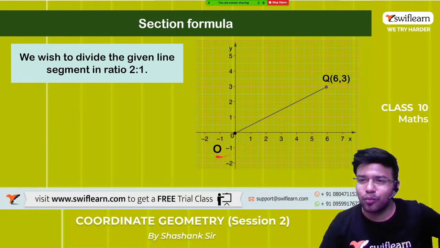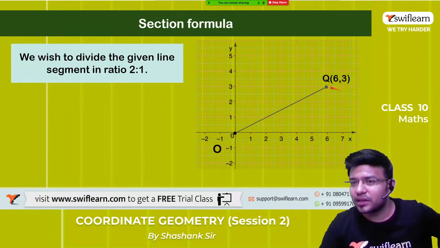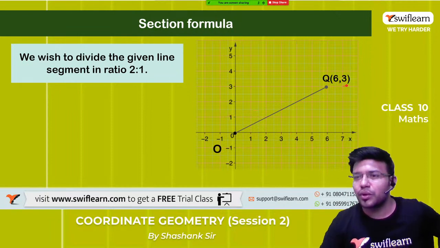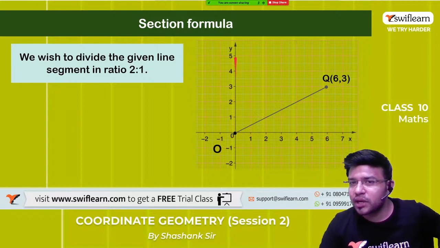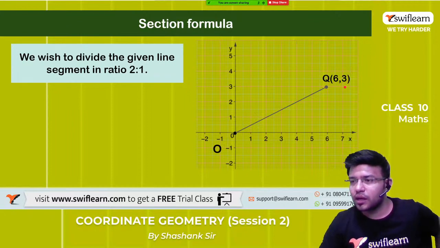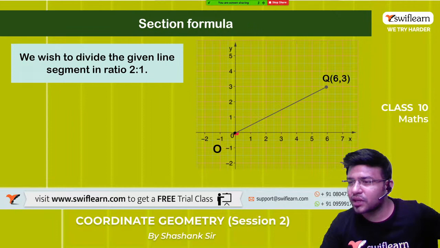It is pointing a point on the graph where 6 is the x coordinate, 3 is the y coordinate. What is the distance from the origin along the x axis? That is the x coordinate. Okay, and the distance along the y axis from the origin? Here it is 3, that is the y coordinate 3. Okay, and the coordinate of the origin is always (0, 0).